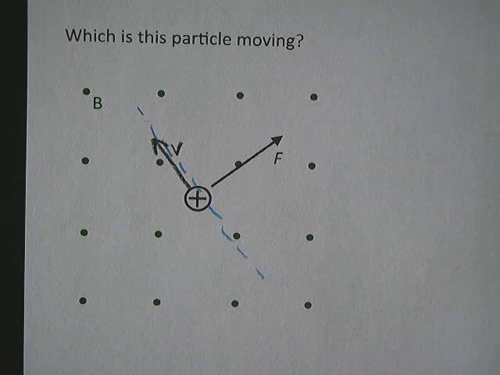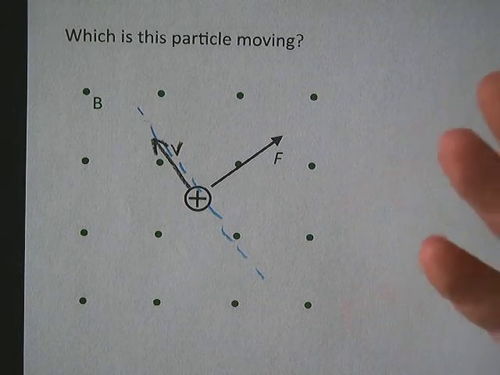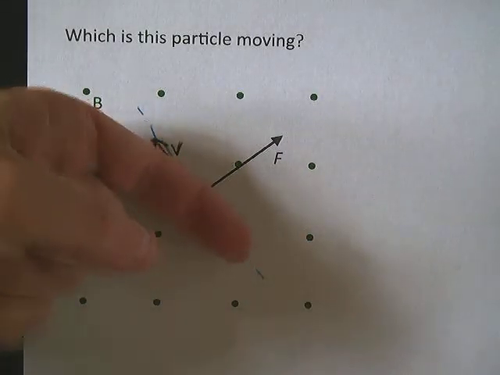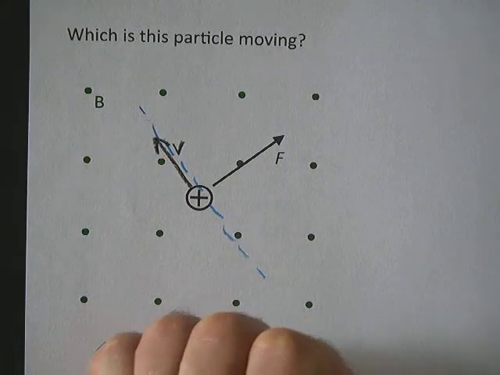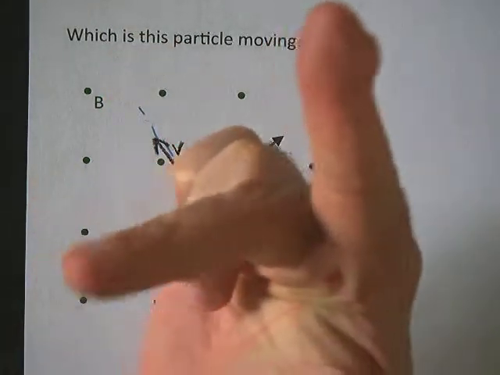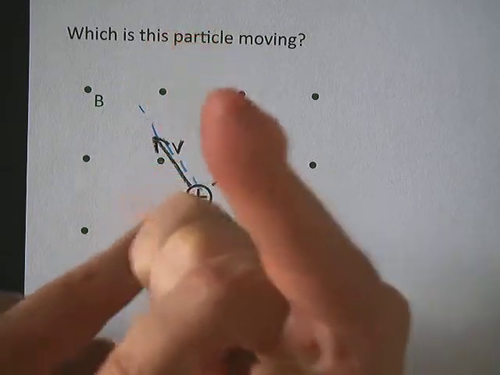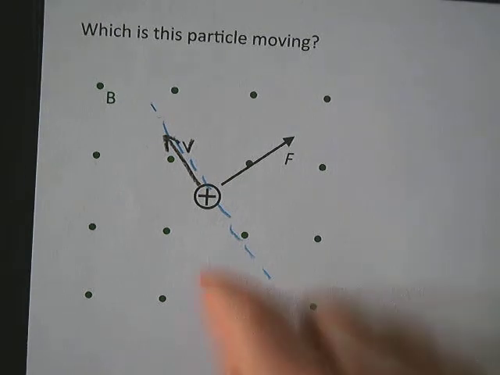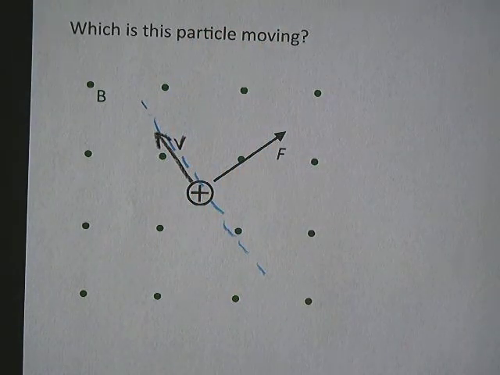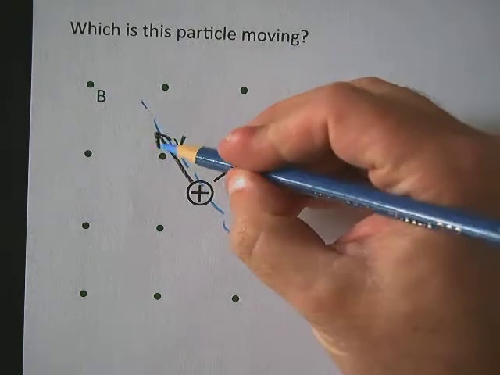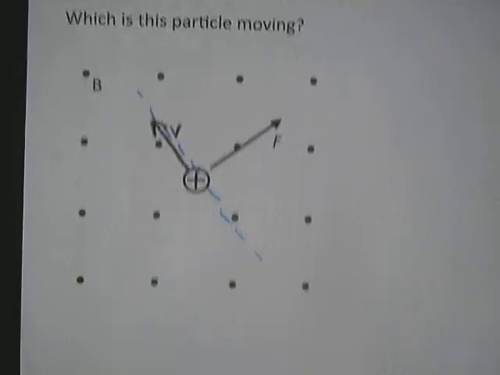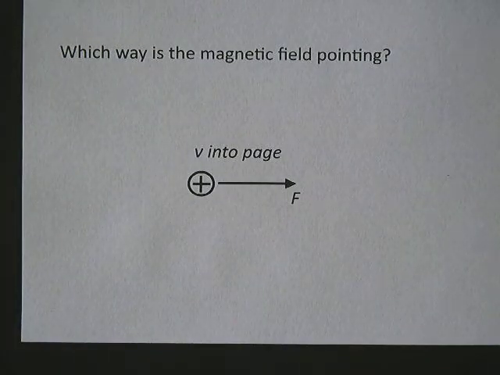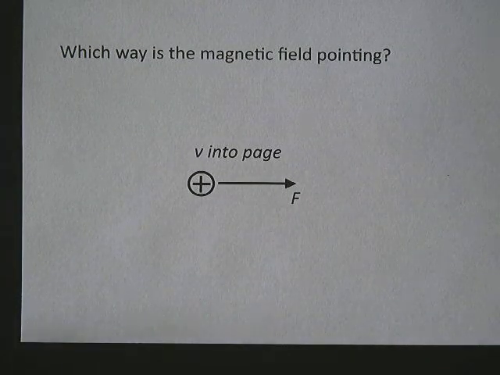So if we randomly pick one and then test it with the right-hand rule, if we're right, we're right, and if we're wrong, we know automatically the opposite one is true. So let's say that I make a guess that the velocity is pointing in this direction. So I go V, B, uh-oh, my middle finger is pointing to the southwest instead of to the northeast. That tells me that this is not the direction of the velocity, this is the direction of the velocity.